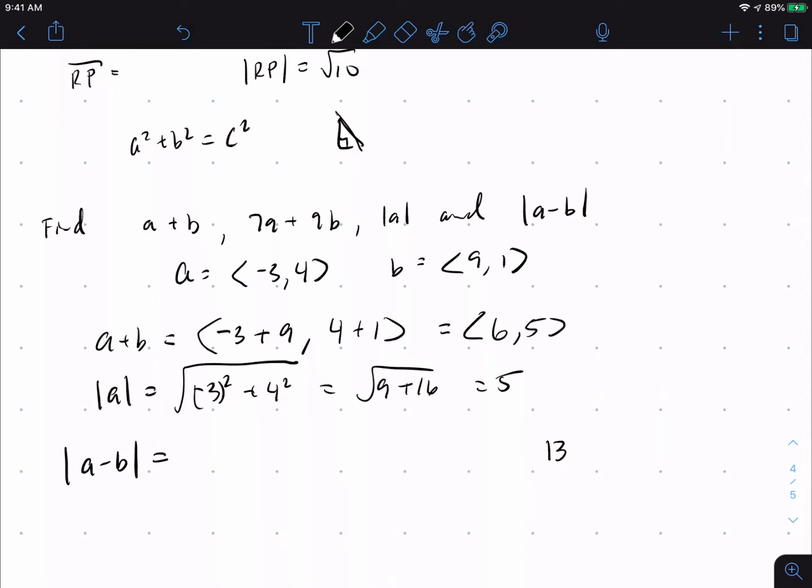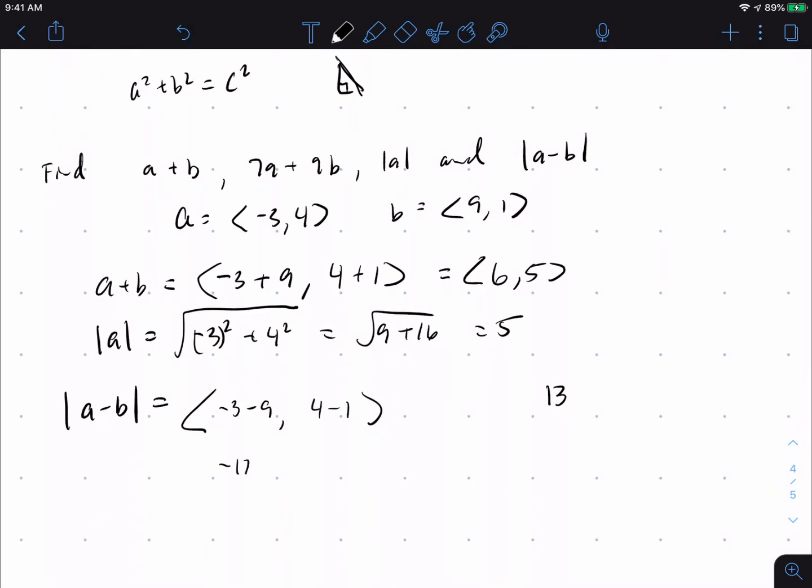I'm getting 3 root 17. Okay, so let's see. So first we have to find the vector A minus B, right? So that's negative 3 minus 9, and then 4 minus 1. So that should give me a negative 12 and 3.